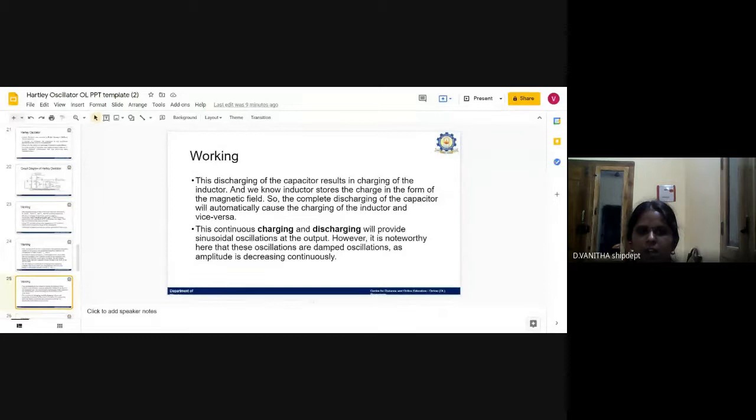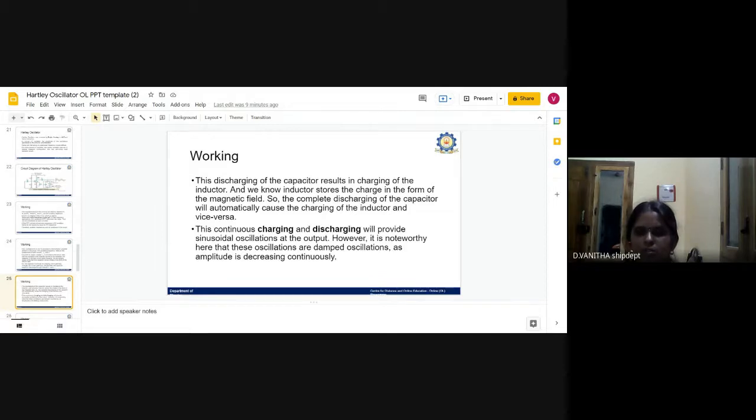The inductance stores the energy in the form of a magnetic field, so the complete discharging of the capacitor will automatically cause the charging of the inductance and vice versa. This continuous charging and discharging provides the sinusoidal oscillations at the output end, and these oscillations are called damped oscillations.